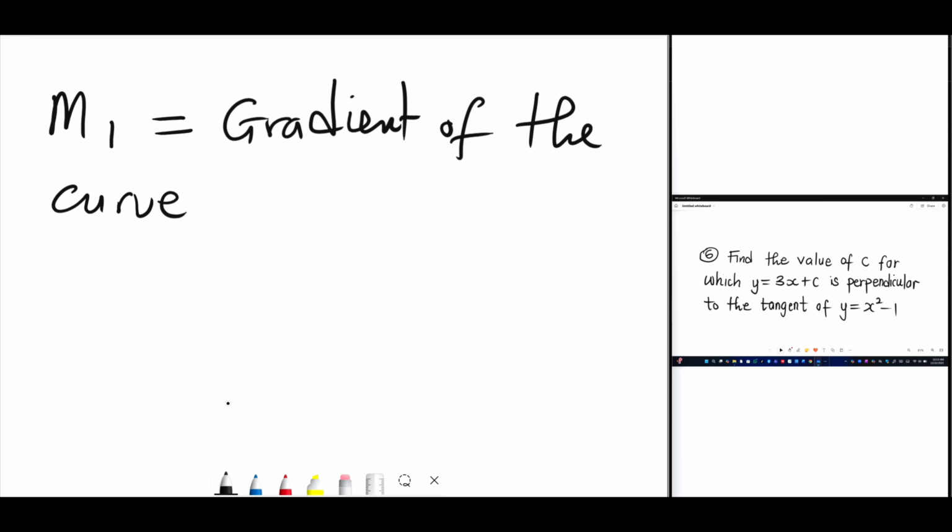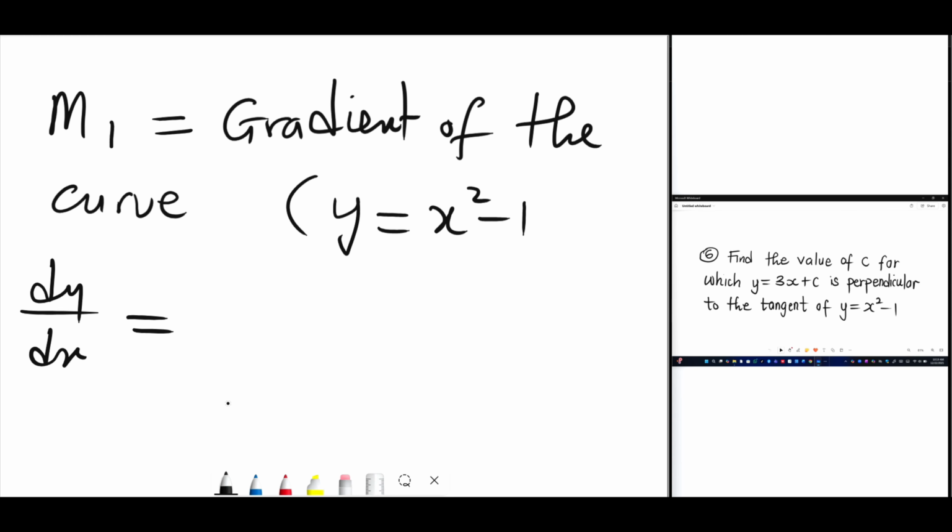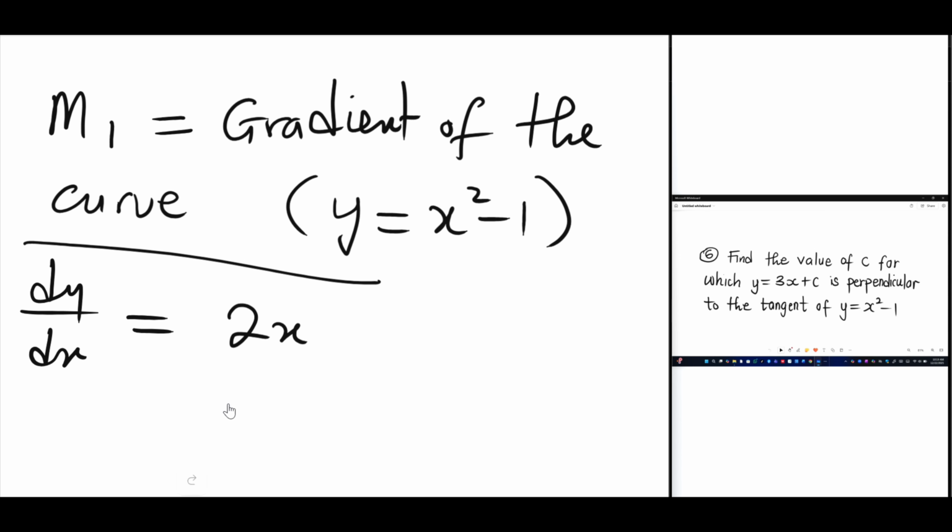Let us get the gradient of the curve, dy/dx. We differentiate our curve y is equal to x squared minus 1, and we get 2x. So this becomes the gradient function of the curve.